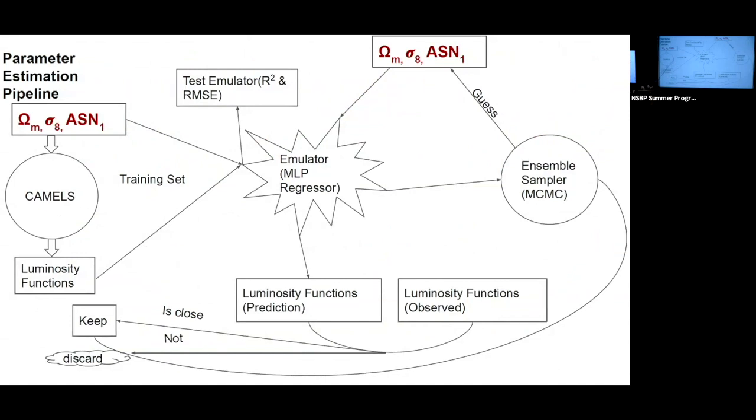We create a training set using the 3 parameters, since they're the ones causing the change. What CAMELS does is take input parameters, run the CAMELS simulation, and output a luminosity function. Then we created a model, training it with the input parameters and the luminosity function. We created an emulator, and we tested it.